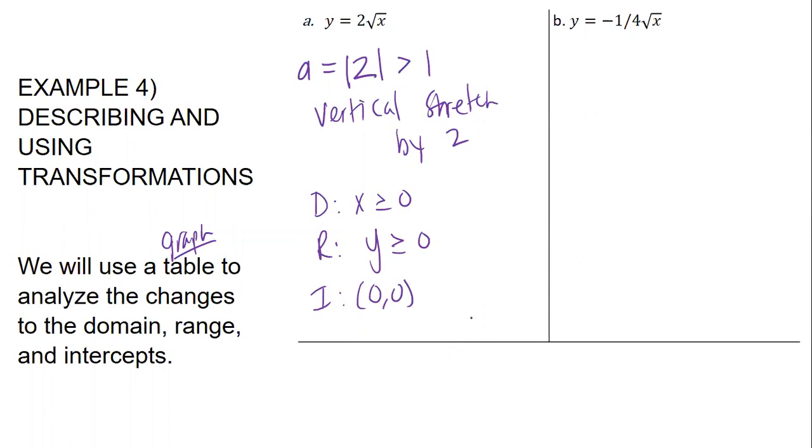Now, this is if you're using your transformations. If you're still hesitant or not comfortable, I'm going to do example B using the calculator. Is that cool? All right. So we see here that something is being multiplied by the square root, and that lets us know that this is our A. Our A equals negative 1/4.